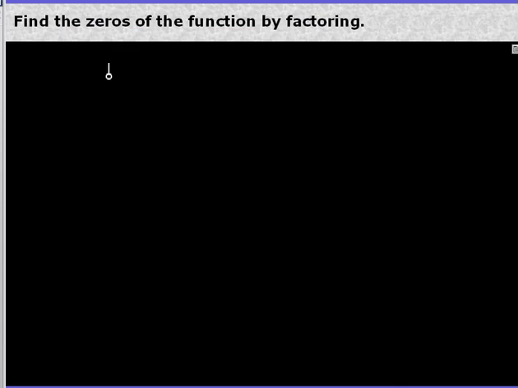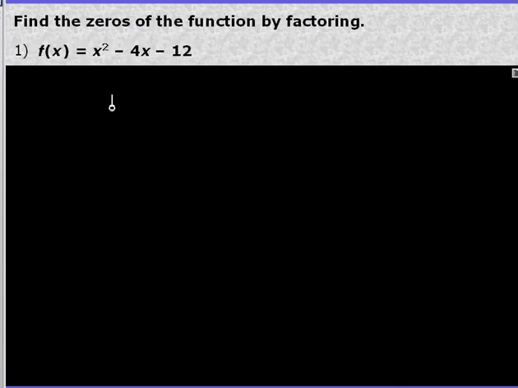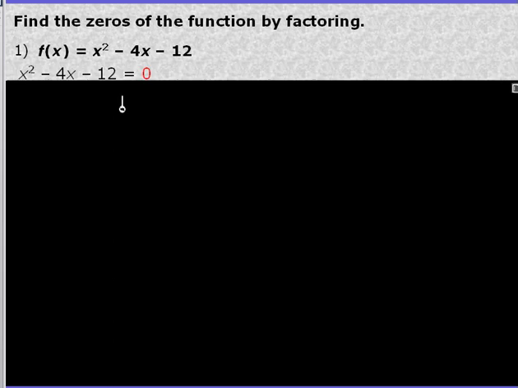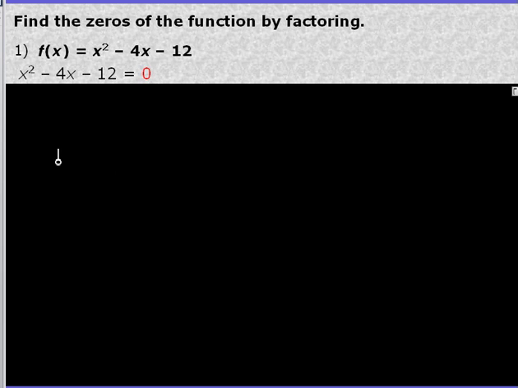Okay, find the zeros of the function by factoring. So here's our function f of x equals x squared minus 4x minus 12. So we are going to put it in standard form, set it equal to 0. Then we're going to factor. Remember, we're looking for a and b so that they multiply to be negative 12 and they add to be negative 4.